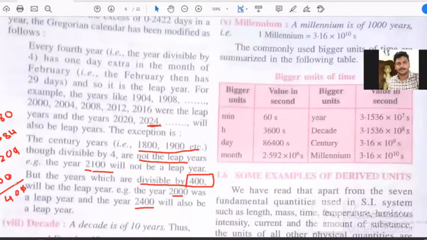You cannot divide 21 by 4, the answer is not an integer value. As it is not an integer value, we can say that 2100 is not a leap year. For century years, this is the rule. For other years, this is not the rule. Only for century years do we have to check for divisibility by 400. For all the rest of the numbers we check for divisibility by 4. Hope your doubt is clear.